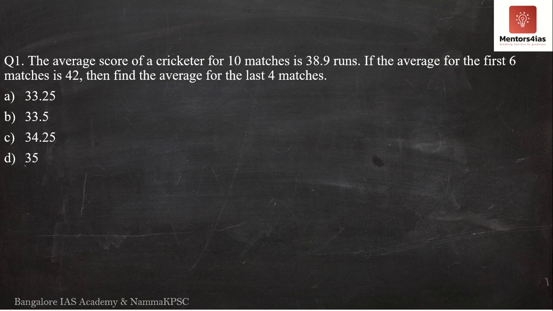Okay, so the first question says the average score of a cricketer for 10 matches is 38.9 runs. If the average for the first 6 matches is 42, then find the average for the last 4 matches. So here we have the average score of a cricketer for 10 matches, that is 38.9 runs.